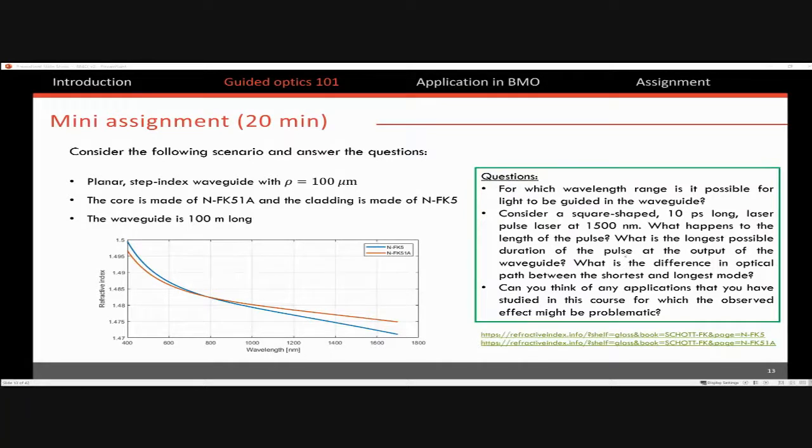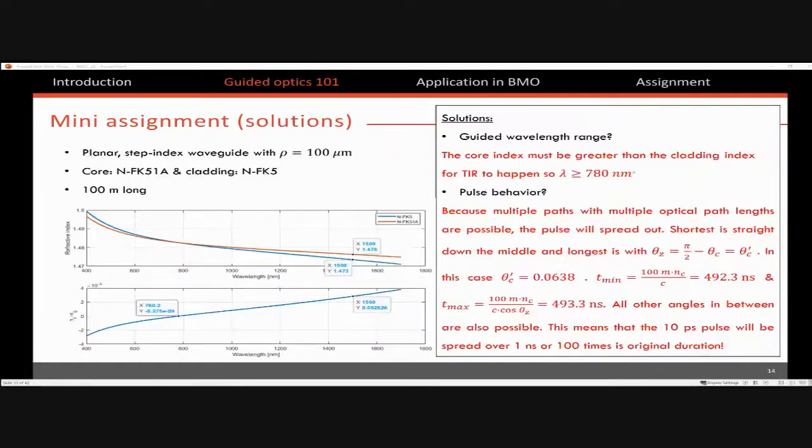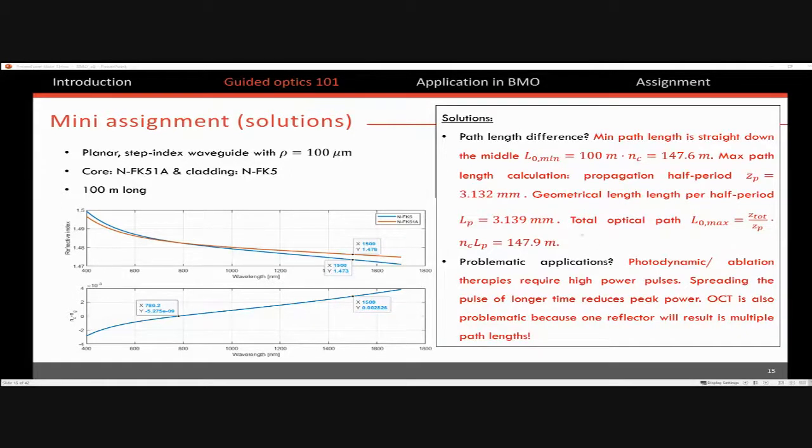Part of the answer here is also figuring out the difference in distance. The path length difference over this 100 meters is on the order of, what was it? About 30 centimeters.